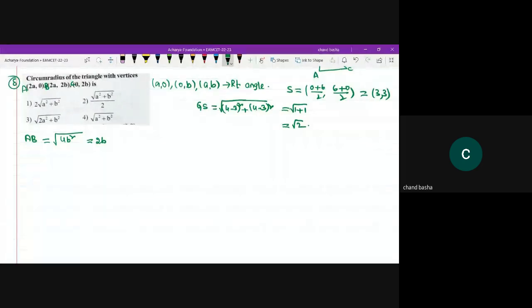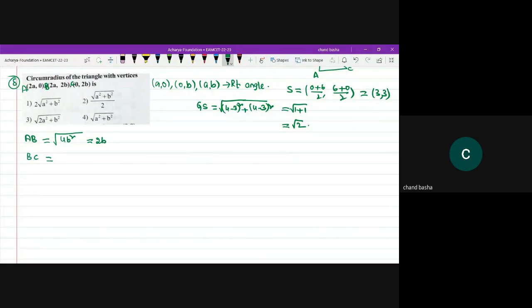Next, I'm finding BC. The length of BC will be under the root of 4b square, that means 2a minus 0 whole square, 4a square. It should be 2a. Let's find out AC.